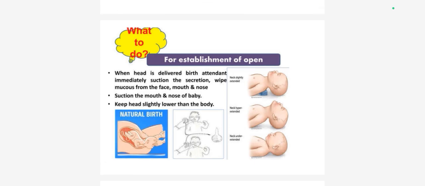For establishment of an open airway, in a natural birth, when the head is delivered, the birth attendant immediately suctions the secretions and wipes mucus from the face, mouth and nose. Suction the mouth and nose of the baby. Keep the head slightly lower than the body. The neck should be slightly extended, not hyperextended.